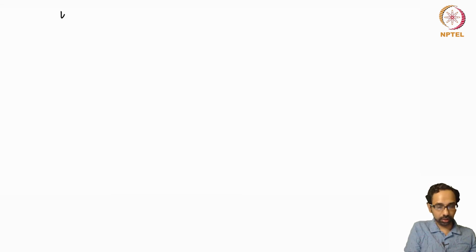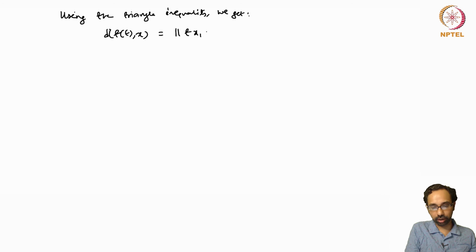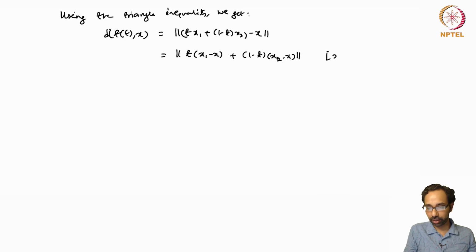So now, using the triangle inequality, we get that the distance between f(t) and x, which was nothing but t x1 plus (1 minus t) x2 minus x, can be rewritten as t times (x1 minus x) plus (1 minus t) times (x2 minus x), just by writing x as tx plus (1 minus t)x.